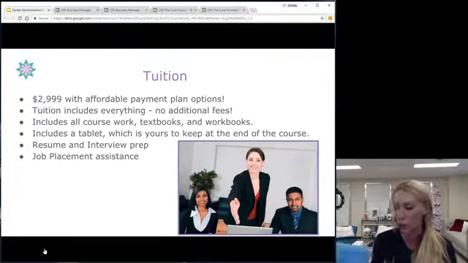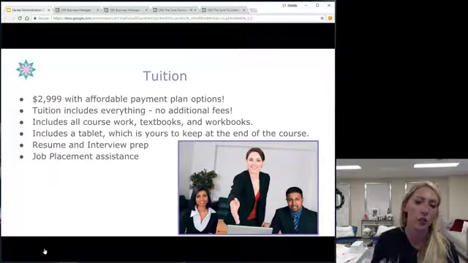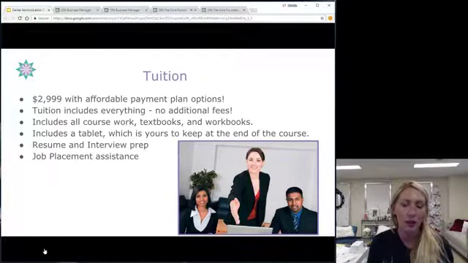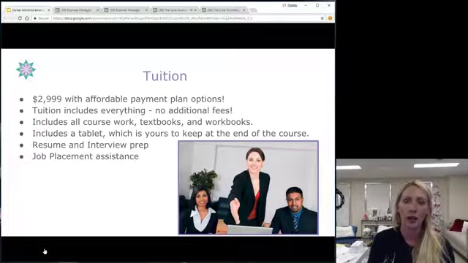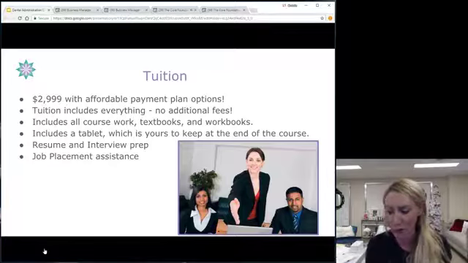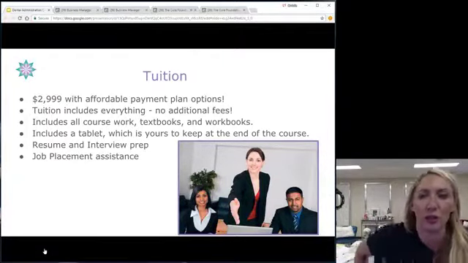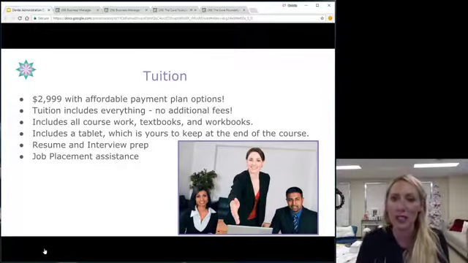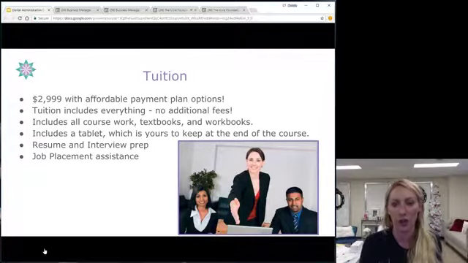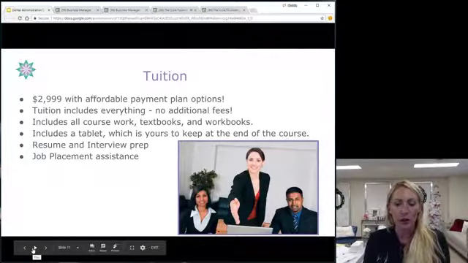They may vary depending on which options we have at the time, but that is included with your course so that you can easily access your coursework online and do it anywhere that you have access to Wi-Fi. No more lugging around big, heavy textbooks. It's all online. It's really great. It's really easy. You can do it anywhere there's the internet. And the tablet's yours to keep at the end of the course.